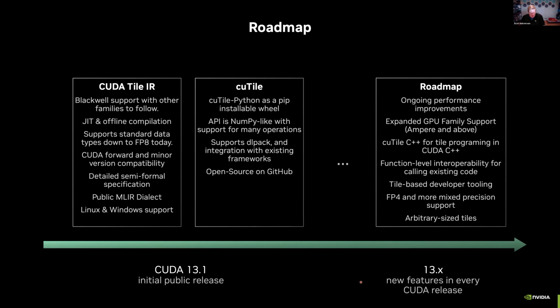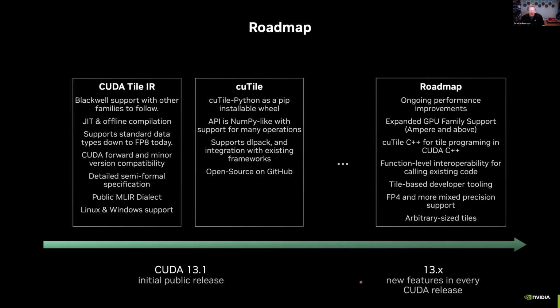There's some semi-formal specification of the intermediate representation, and we're working closely with the broader public development around MLIR as a dialect. It does support both Windows and Linux right now, and that's all under Tile IR.